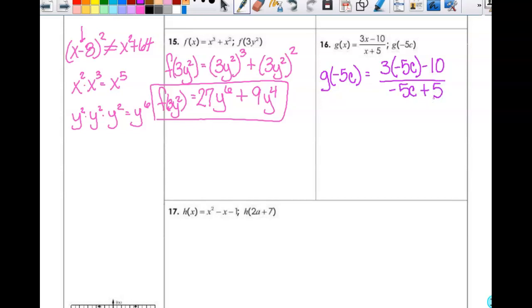I want you to simplify that. Think about what's legal and what's not legal, so you're not making stuff up.